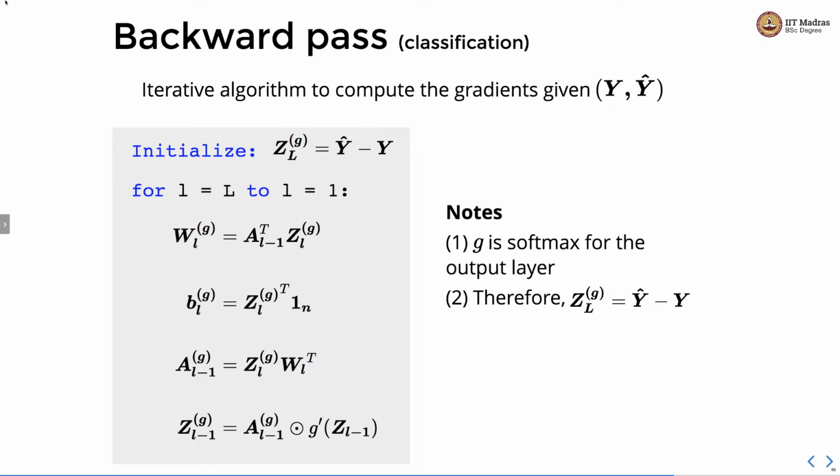For classification, G is the softmax function for the output layer, and ZLG is equal to y hat minus y. And we have pretty much a similar procedure as regression for the backward pass.